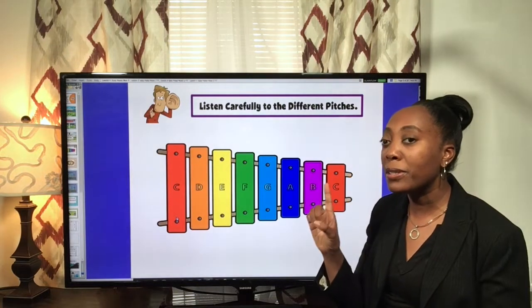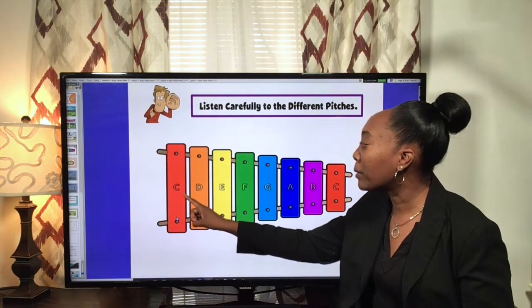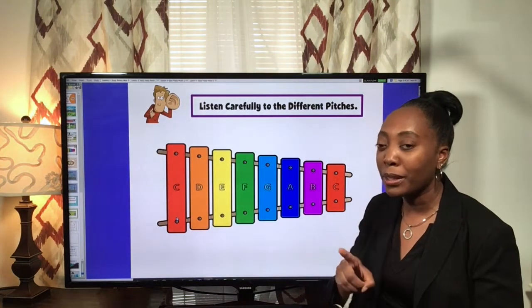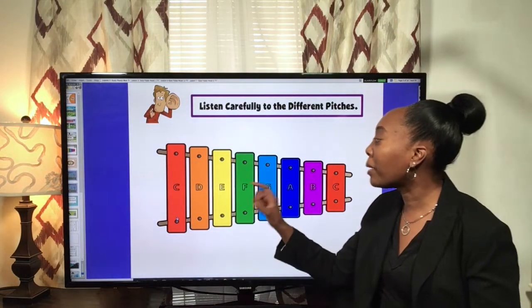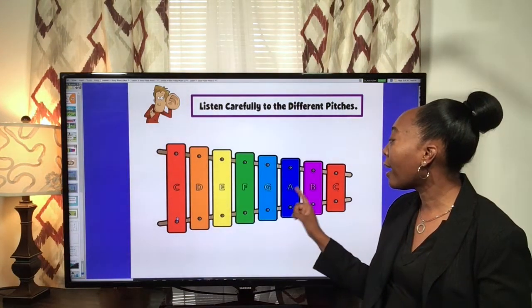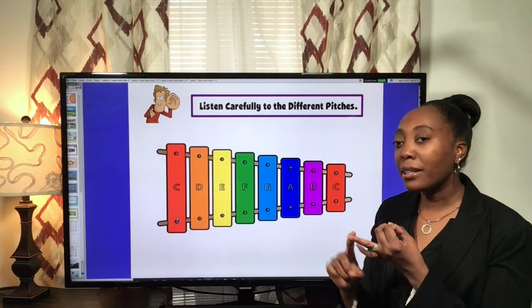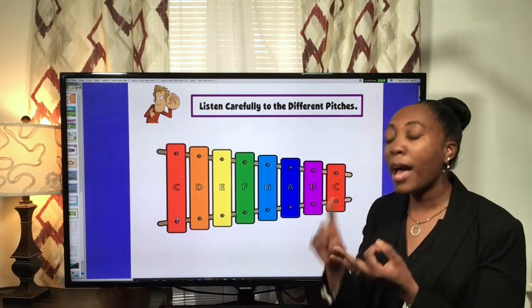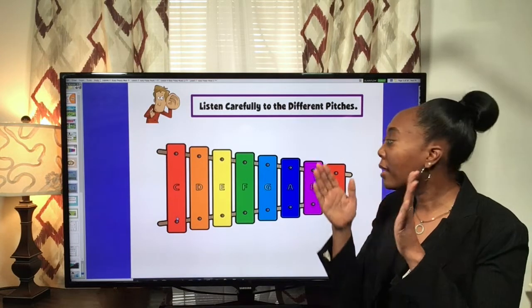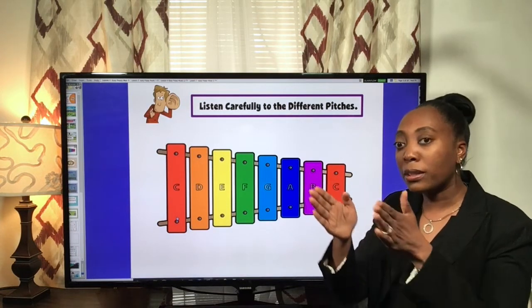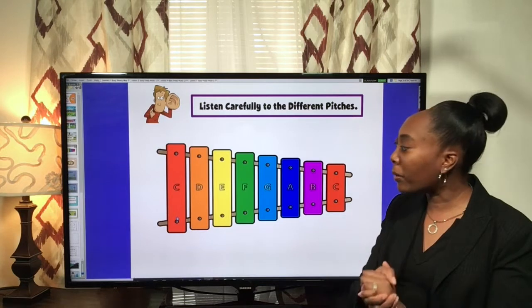But before we do that, notice the letters. We have C, remember that music alphabet? D, that's right, E, F, G, A, B, C. So we know our music alphabet. We recognize there's different colors, and we recognize there's different sizes. It's getting smaller and smaller and smaller.